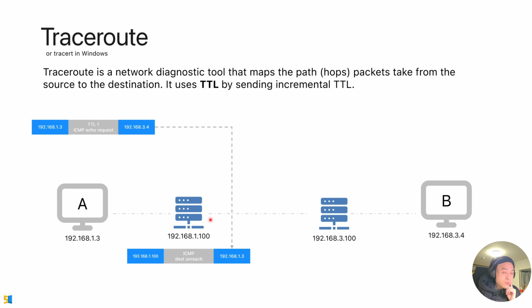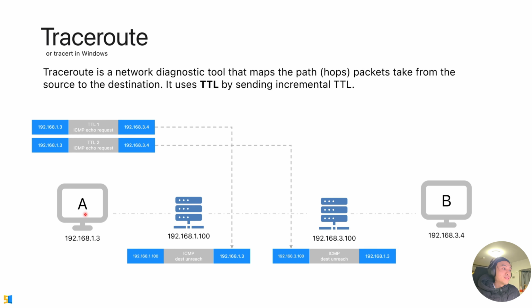Because the TTL is just 1, it will get to 0 when arriving at this router, so this router will send back a time exceeded ICMP message back to A. When that happens, now A knows that, oh, in my route there is a router with this IP address. That's cool. So next, A tries to send another ICMP echo request, this time with TTL 2.